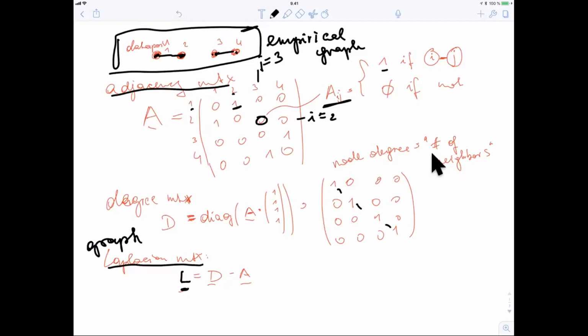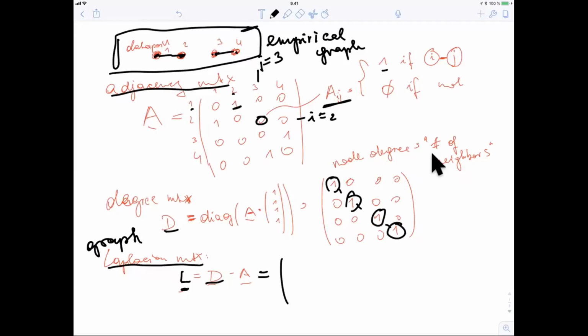That's why all the entries here are 1. So this here is the number of neighbors for node 1. This here is the number of neighbors for node 2. This here is the number of neighbors for node 3. And this here is the number of neighbors of node 4. Okay, and using this degree matrix, we can build our Laplacian matrix, which is the degree matrix minus the adjacency matrix.